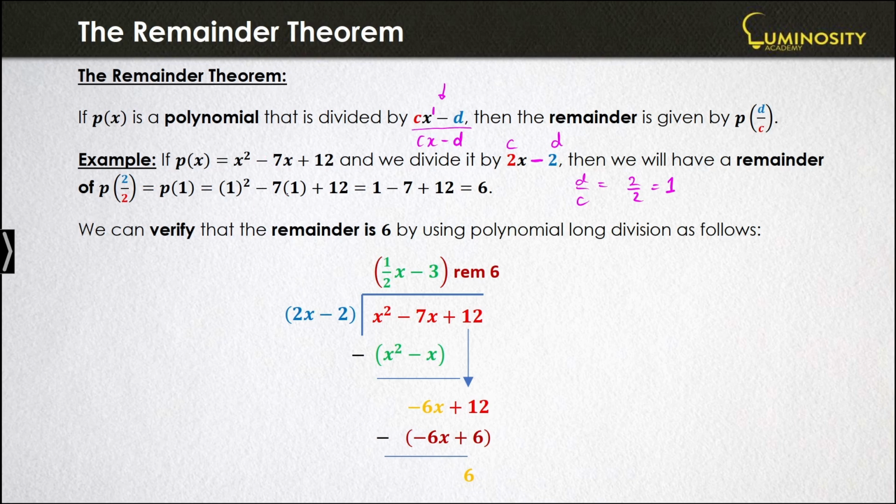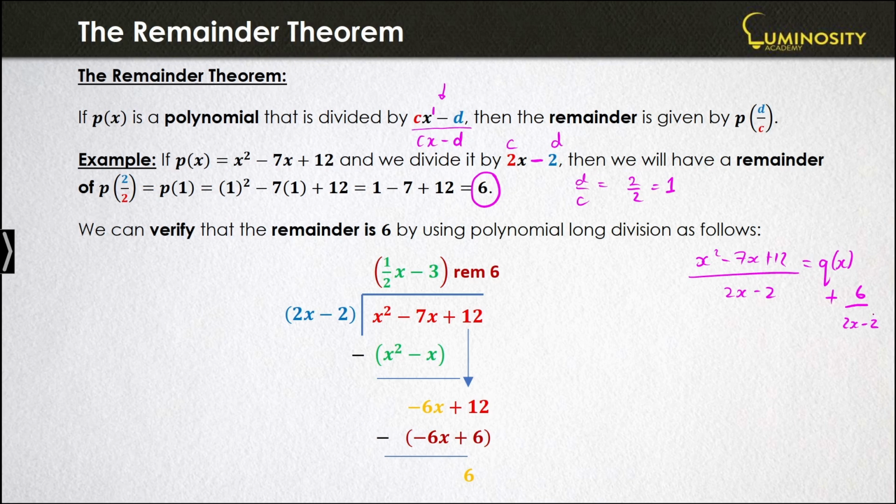It's 1 squared minus 7 times 1 plus 12, which when evaluated gives me 6. So I know that x squared minus 7x plus 12 all divided by 2x minus 2 is going to equal some other quotient polynomial q of x plus a remainder of 6 over that 2x minus 2.